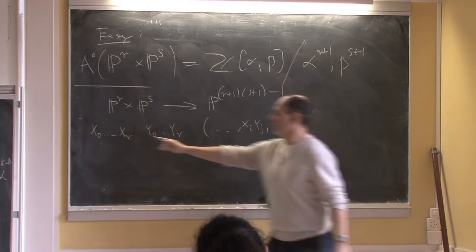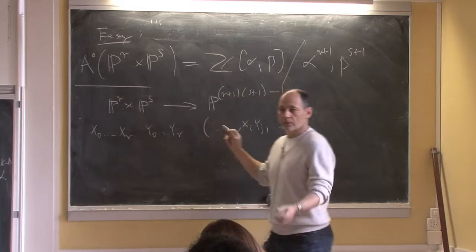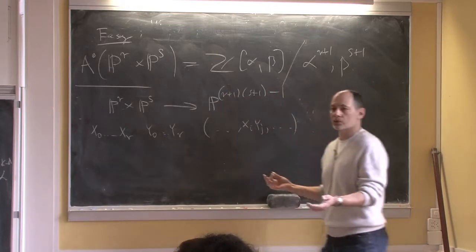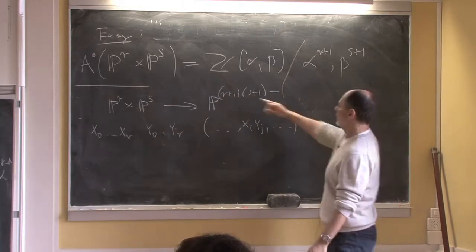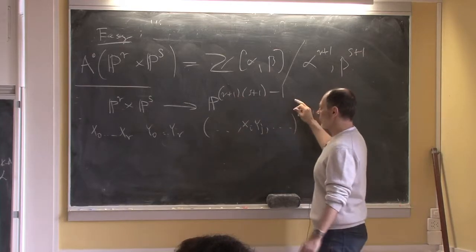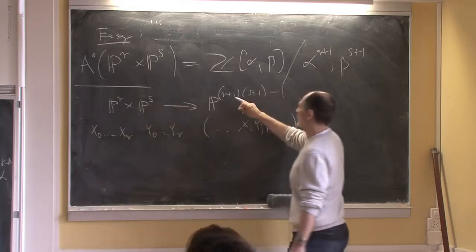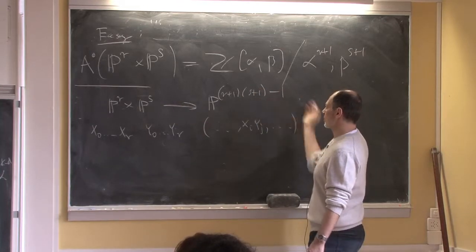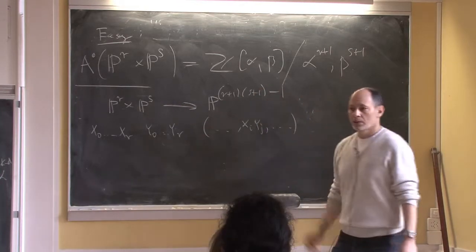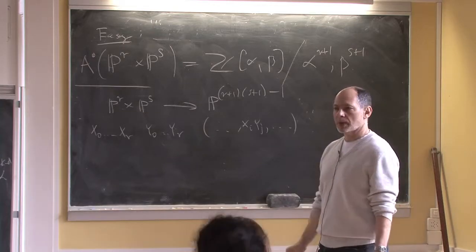So I just take all pairwise products of variables and construct these quadratic forms. You have r plus 1 coordinates here, s plus 1 coordinates here, and when you projectivize, you get a minus 1. So it's clear, the map?